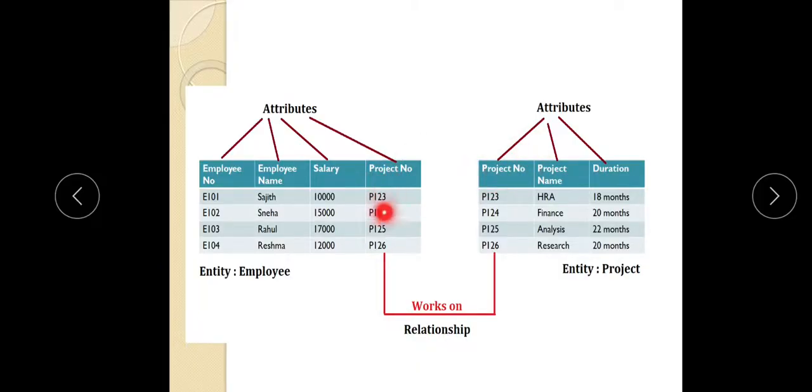So using this common attribute, they create a relationship or a link. So relationship is nothing but a link or a connection, an association between two tables or two entities. This is the concept of the high level or conceptual data model. Clear?